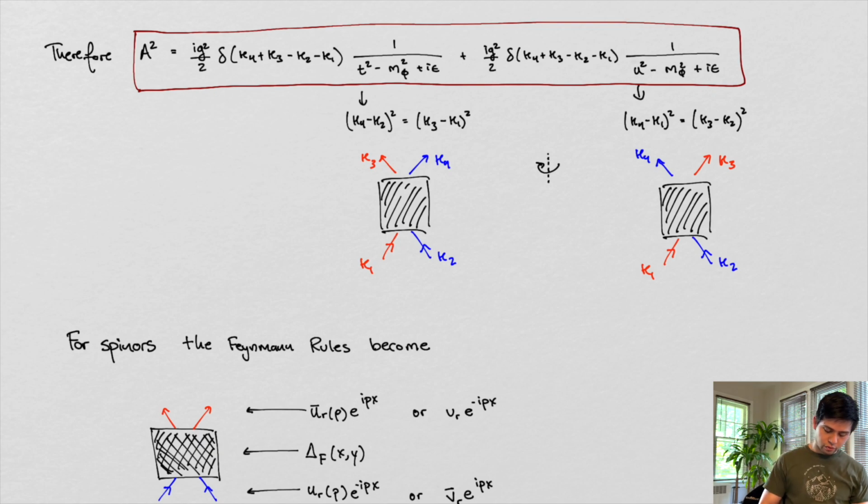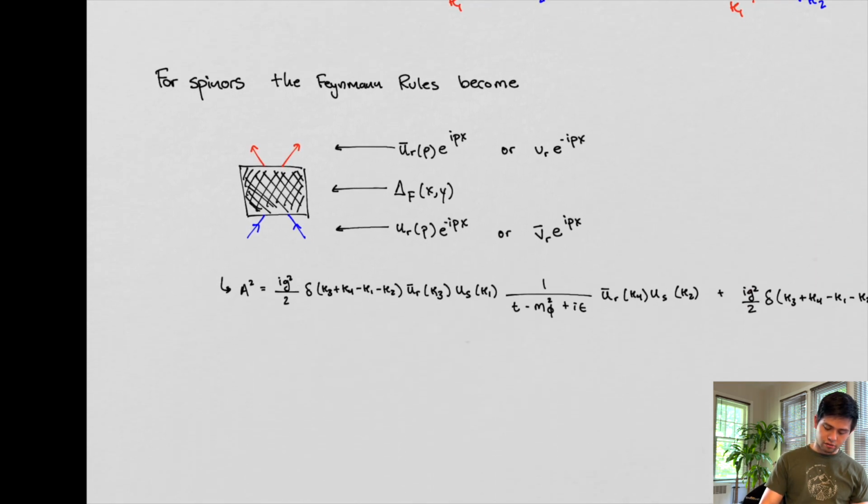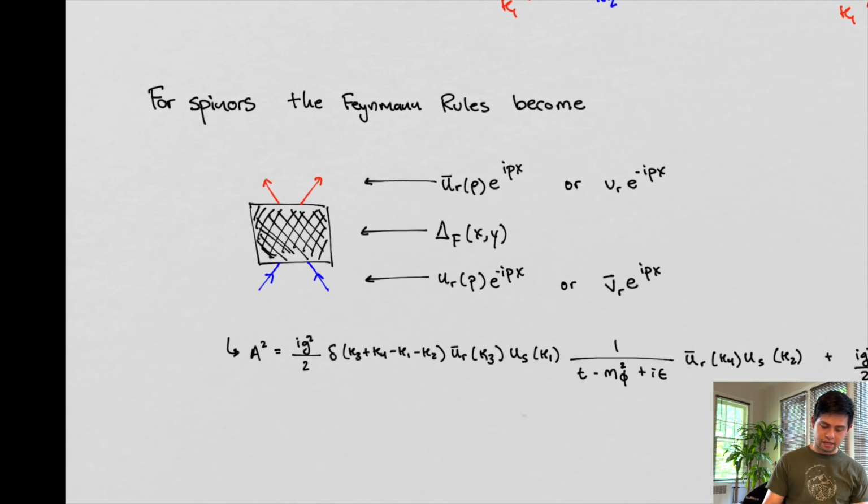And this takes us to our last and final idea here, the idea of spinors. We're going to get into this when we talk about gauge interactions next. For spinors, the Feynman rules are pretty much the same. What we've been doing is saying that for incoming particles, we have this term right here, and for outgoing particles, we have this term right here.